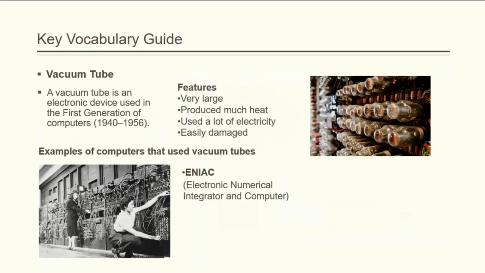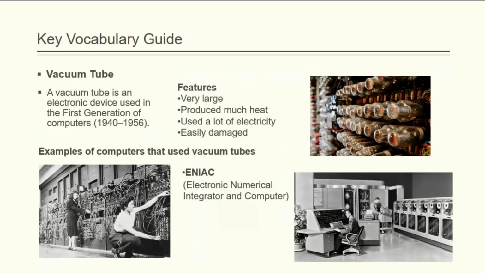It was a type of computer that was used in that era, and it was powered by vacuum tubes. We also have the UNIVAC 1, basically a short form of Universal Automatic Computer 1.